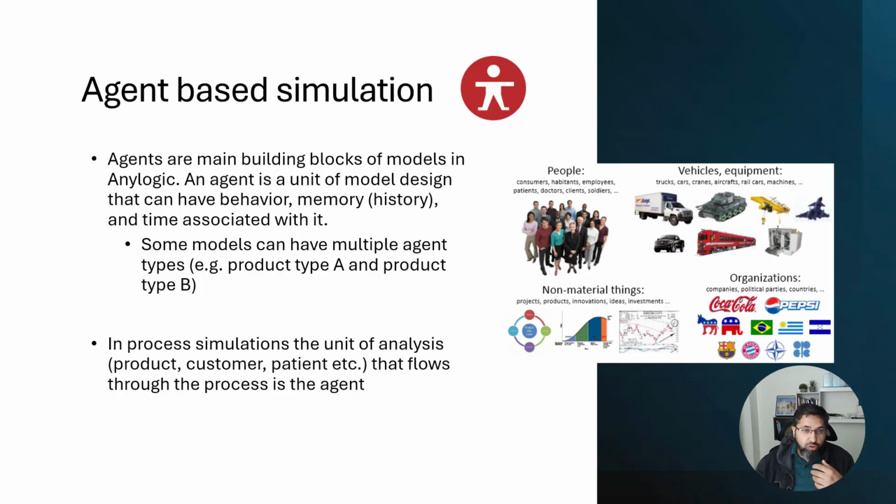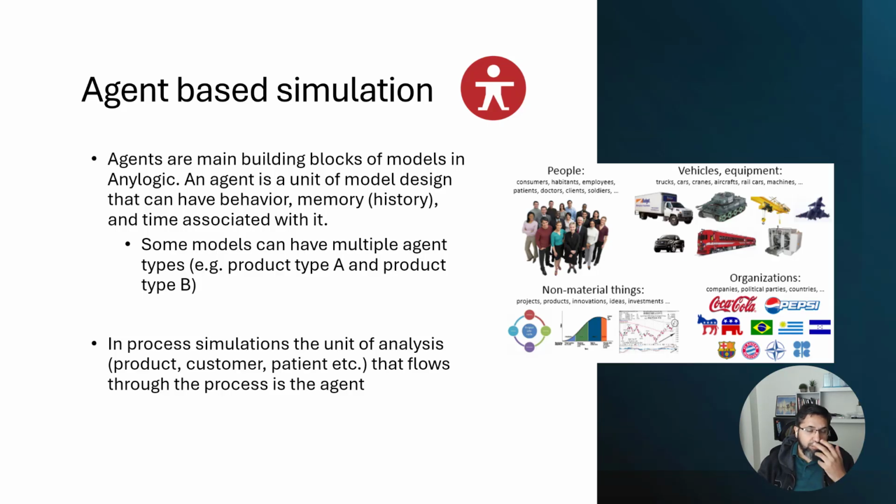Organizations could be agents if you are modeling different organizations and how they react to certain things. So depending on the simulation you're building, the thing that moves through your system and gets acted upon is the agent. You don't really have to think about it, because when you set up a simple simulation model, there's always a default agent that's going to go through your simulation. So the source block will generate these agents and put them into your system.